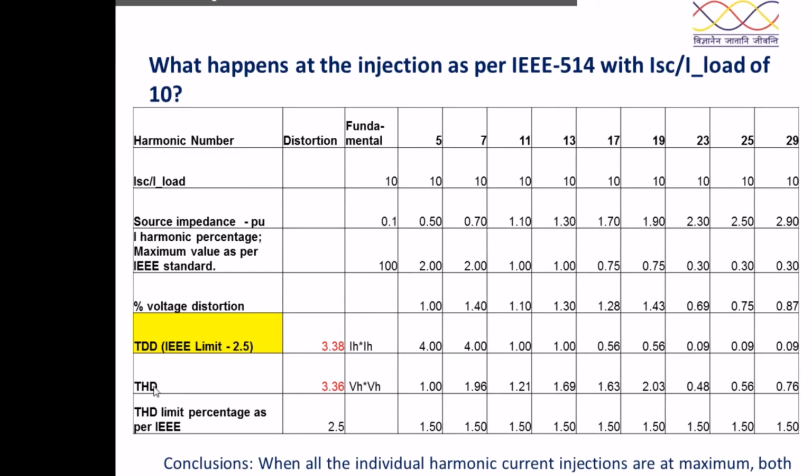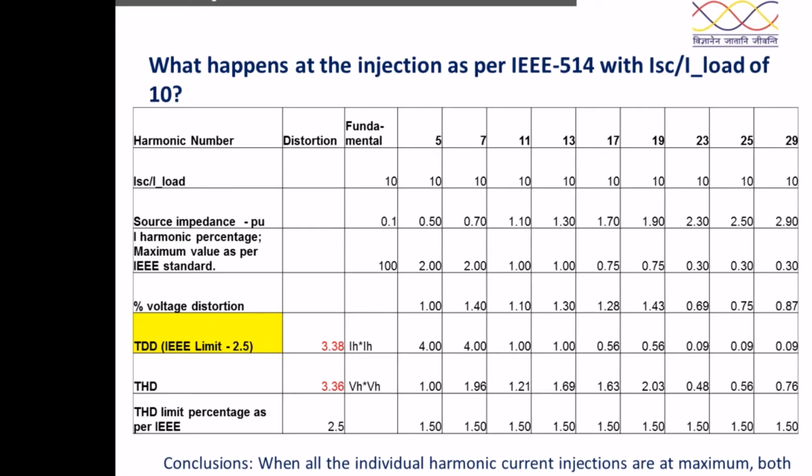Similarly, the total harmonic distortion with respect to the voltage is 3.36. Again, it is not acceptable. How is it computed? Individual voltage distortions are there; take the square of those and take the square root of the sum. You are going to get 3.36. Again, it is not acceptable because the THD limit as per the IEEE is 2.5.